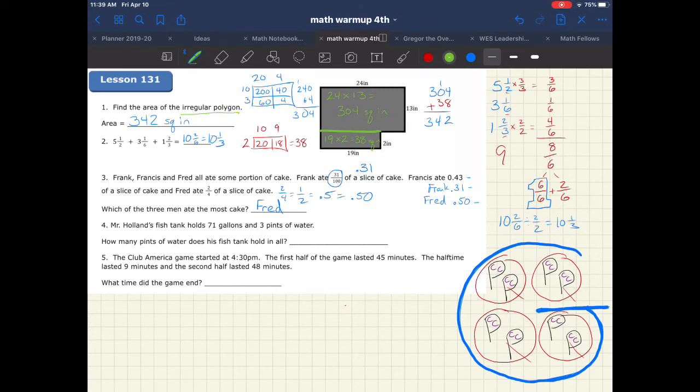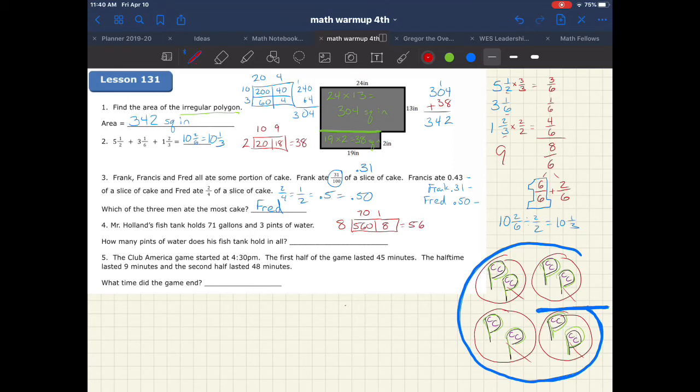So we can see that there are 1, 2, 3, 4, 5, 6, 7, 8 pints in a gallon. So if there's 8 pints in a gallon and we have 71 gallons, we are looking at 8 times 71 to figure out how many pints are in 71 gallons.